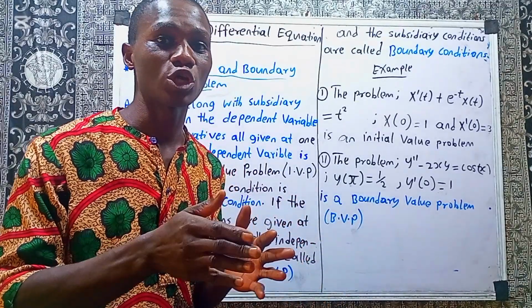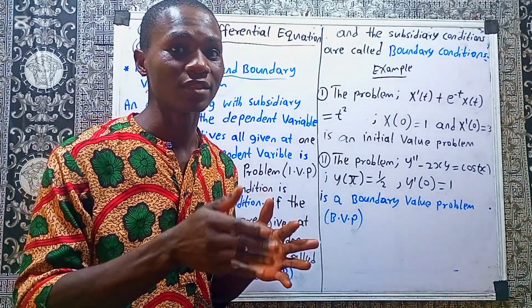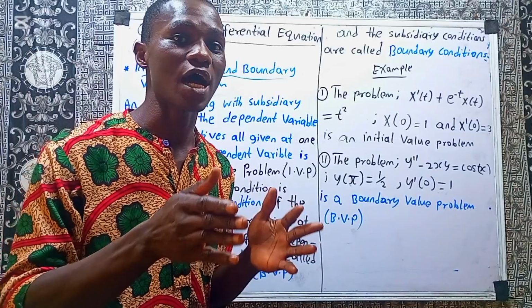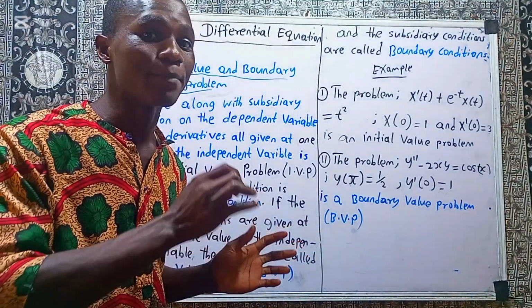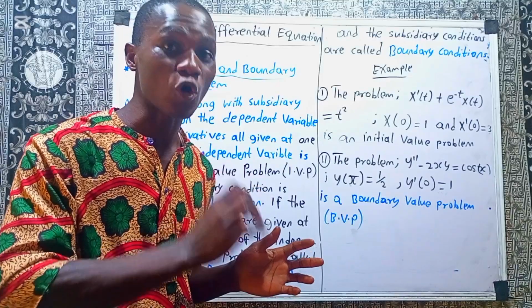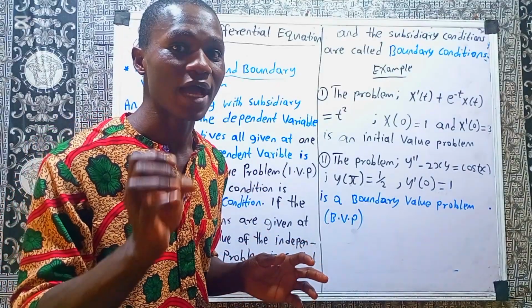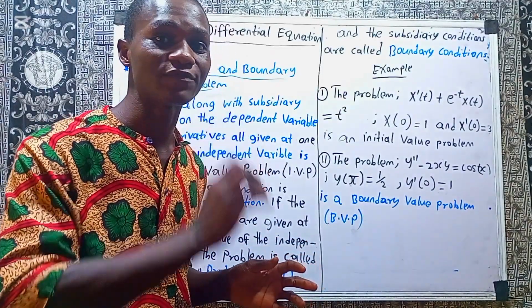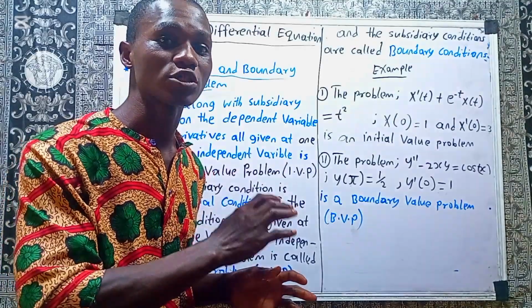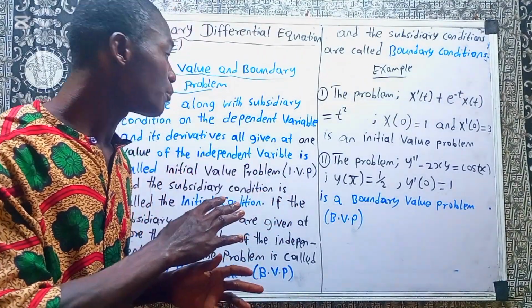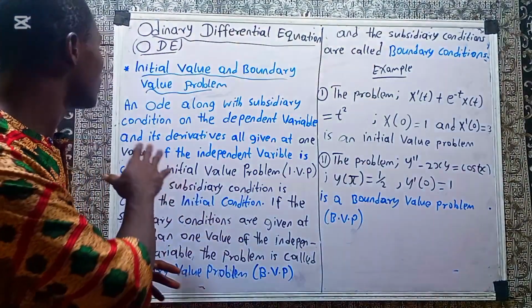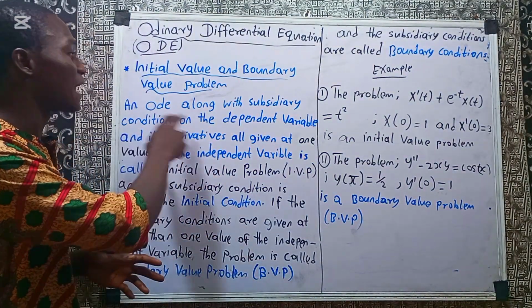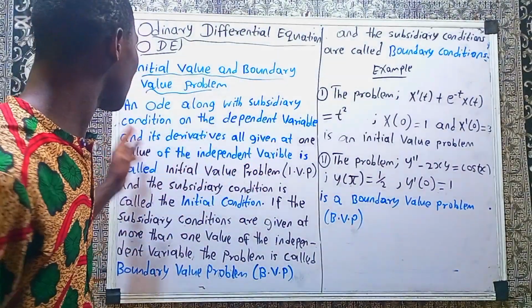And if those conditions are given at the same point of the independent variable, at a single value of the independent variable, then we are going to call such a problem an initial value problem.